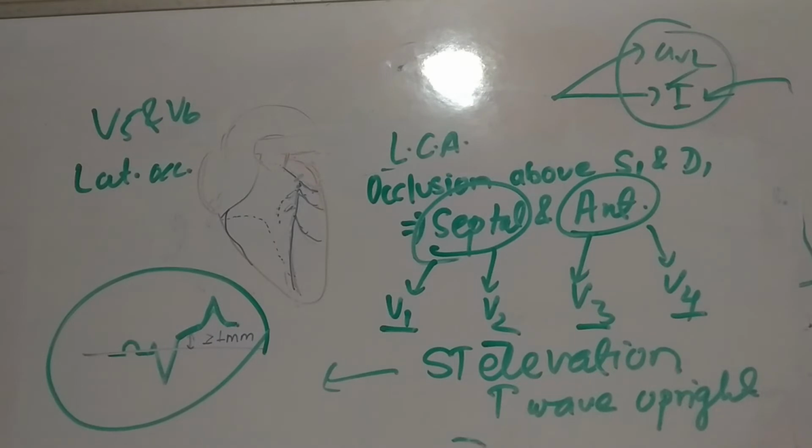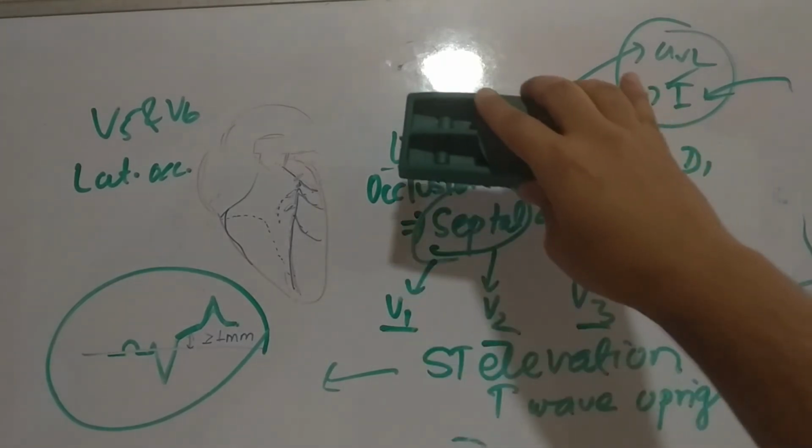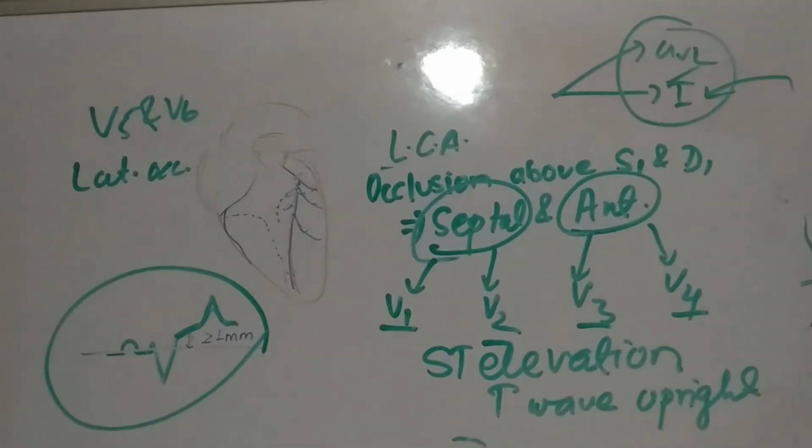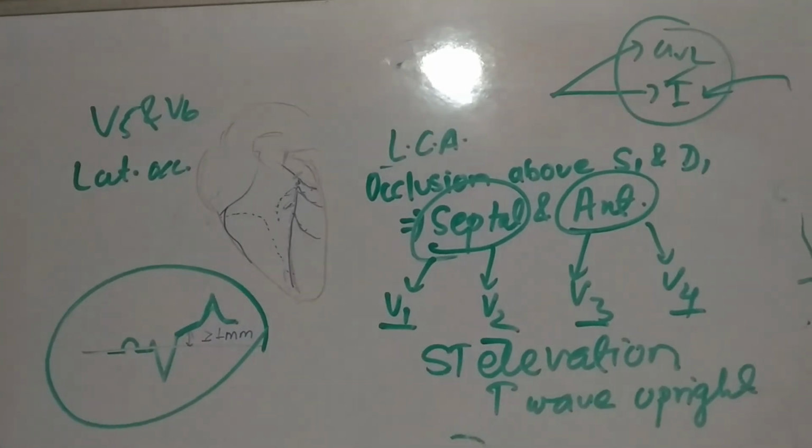So what I mean to say is that, as we have already discussed, where to write? I'm pretty confused where to write. Okay, I'll just add right here in this part. So what are the inferior leads?